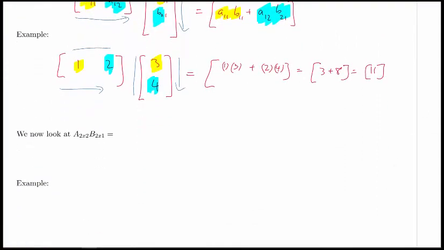A22 by B21. So we note already that the dimensions do match how we want them, and so this is going to end up being a 2 by 1 matrix.